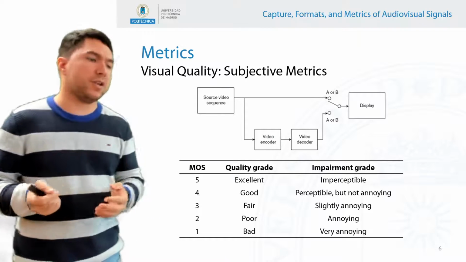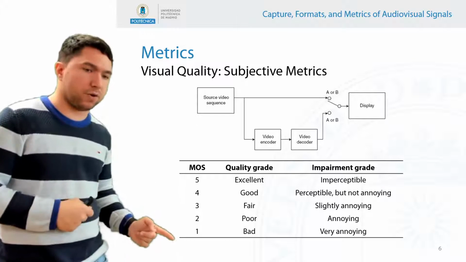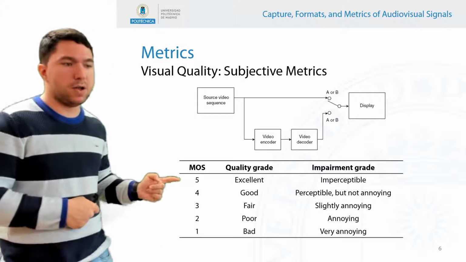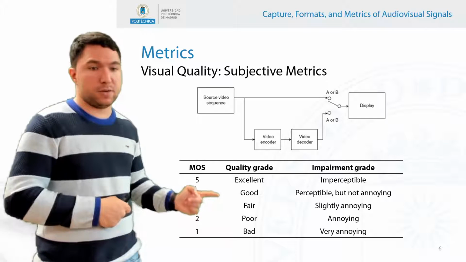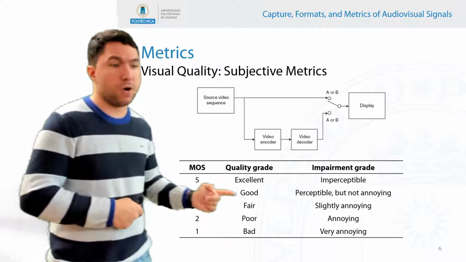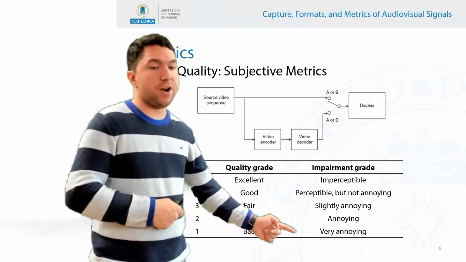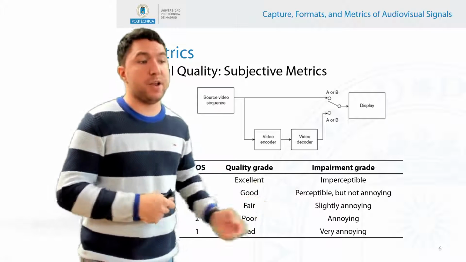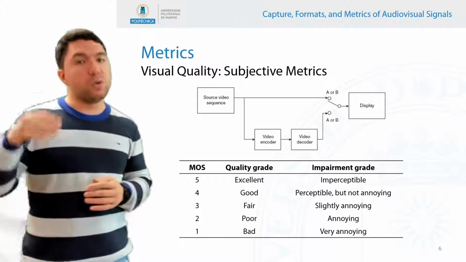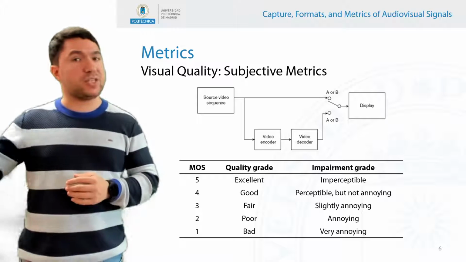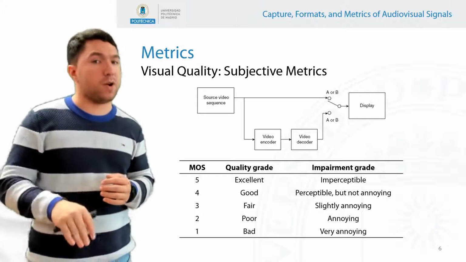And the viewer needs to score from 1 to 5, 1 being bad and 5 being excellent, or 1 being very annoying and 5 being imperceptible, how good the compressed signal is compared to the original one.